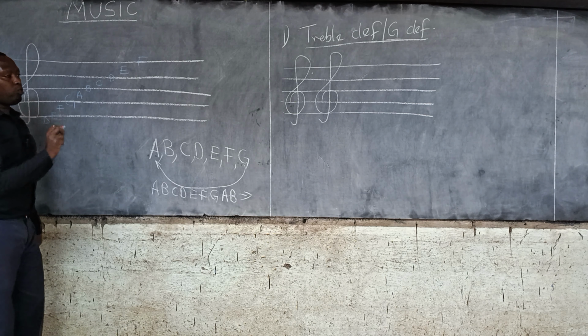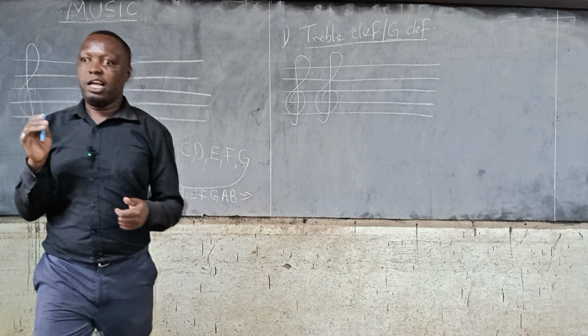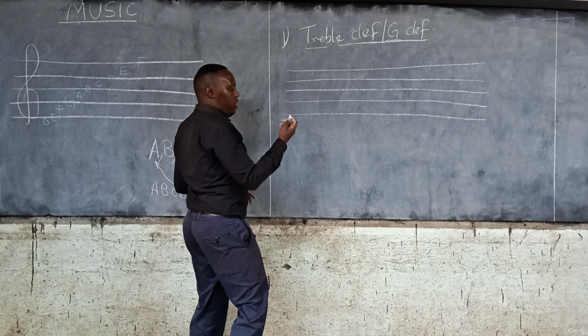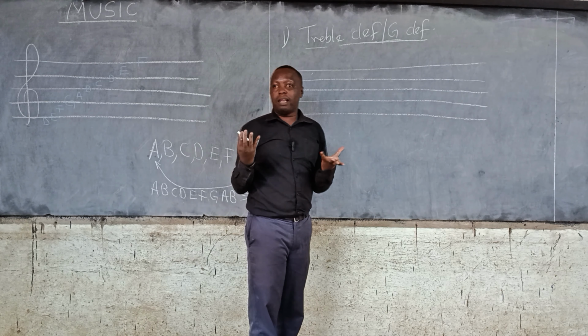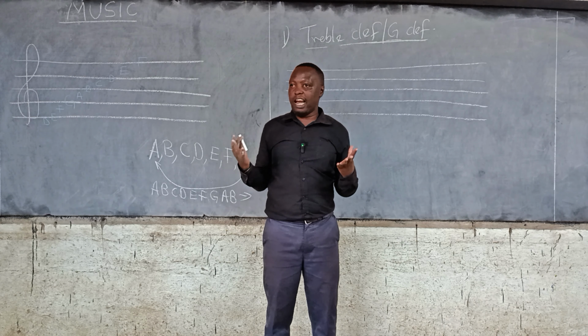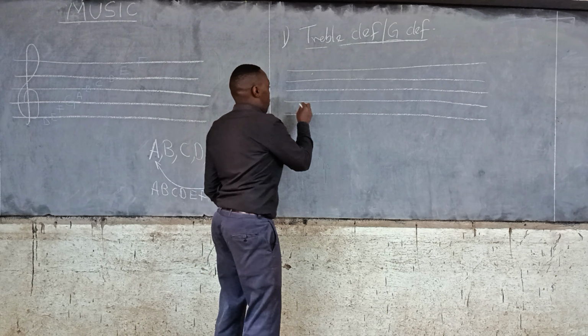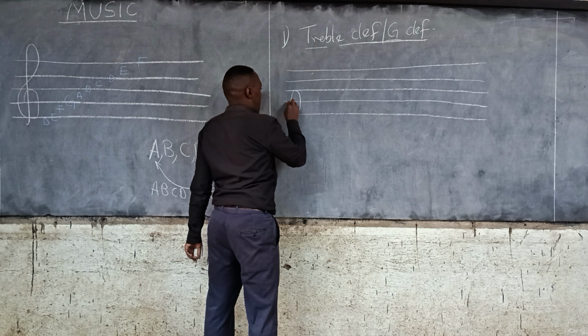Now I hope up to there you are able to understand what we are doing. Now we are going to do the same. I want to show you how to draw a better one. This one I've used to label the lines and the spaces. Now we'll draw it again like that.